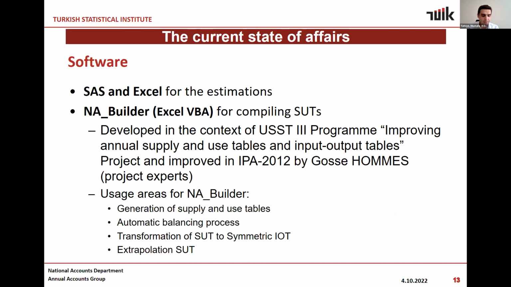Also, we are using an Excel tool called NA Builder, which was developed by Mr. Jose Holmes in the context of the IPA project. We use this tool for generation of supply and use tables, automatic balancing process, transformation of SUTs to symmetric input-output tables, and also compiling extrapolation SUTs.